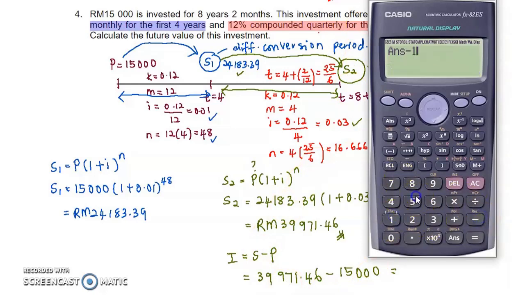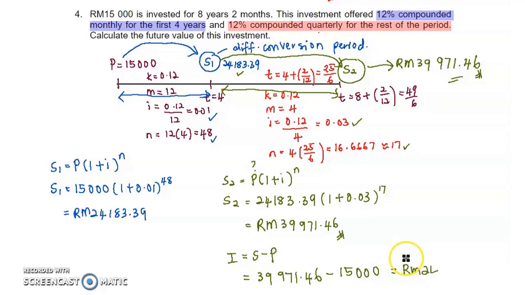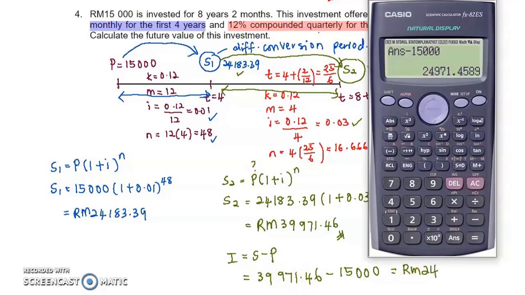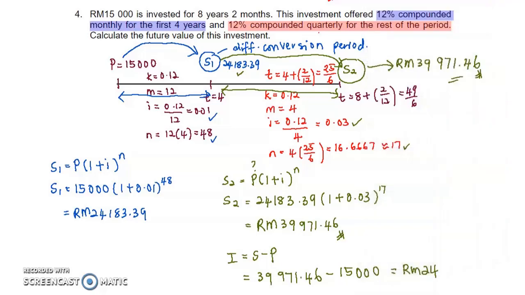So minus 15,000 gives RM 24,971.45. So this is the amount of interest. So you draw the timeline like this so that it is easy for you to look at the values.